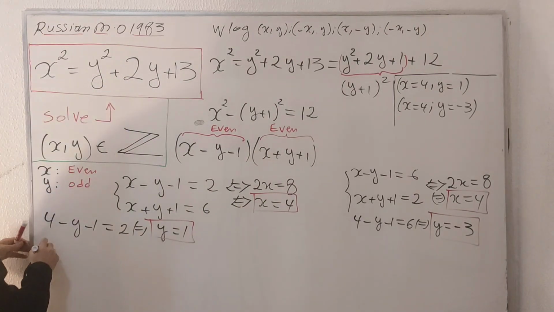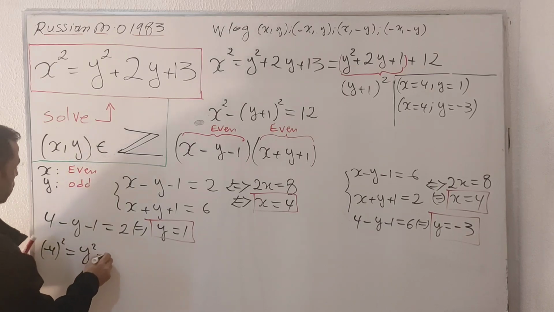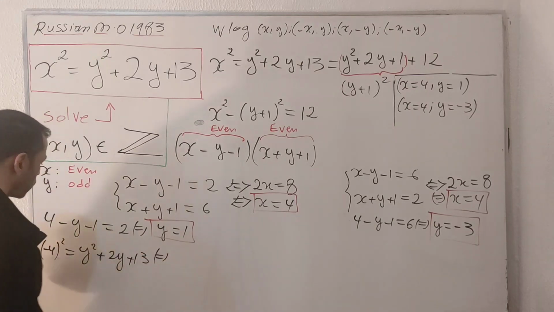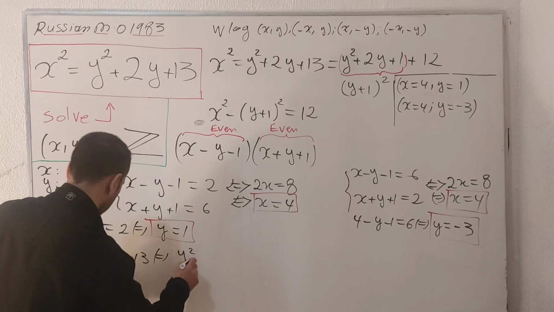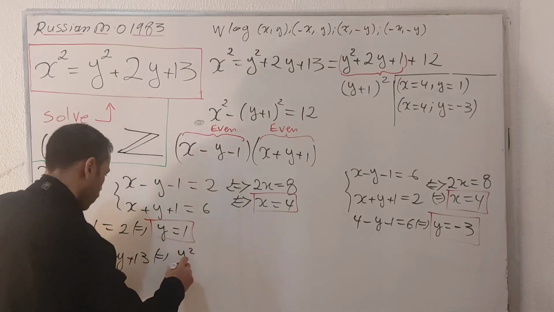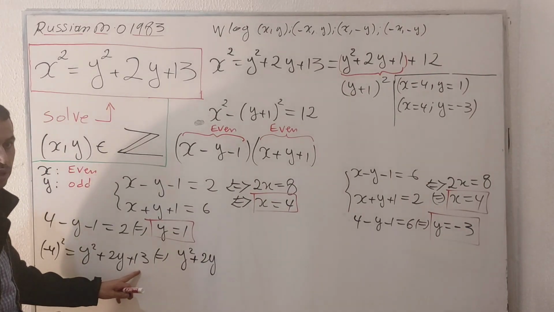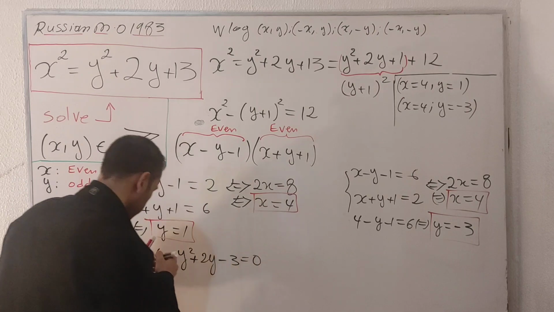We'll have minus 4 squared equals y squared plus 2 times y plus 13. By moving the terms to the right, I will get y squared plus 2y plus 13 minus 16, which is minus 3, equals 0. Okay?